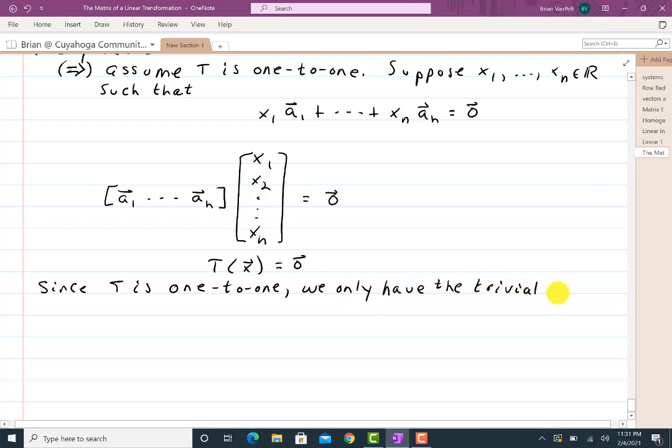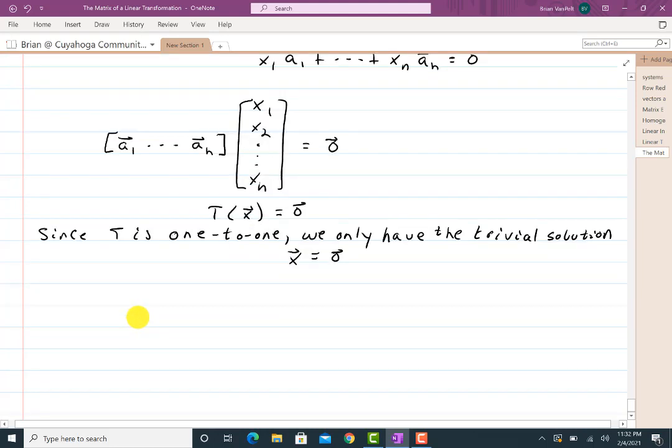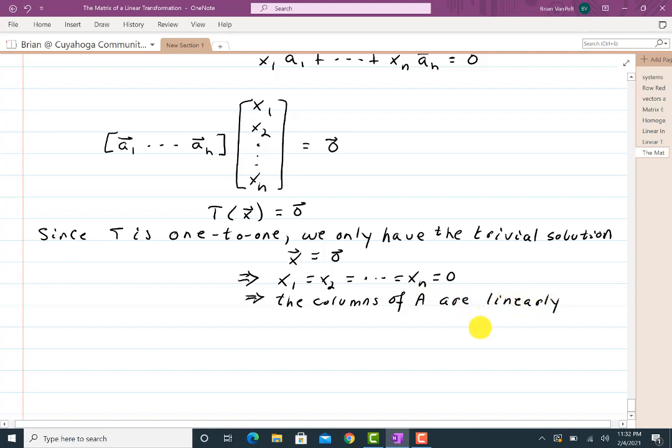That's the last theorem. Trivial solution, which was x equals 0. Well, x, of course, is that vector x1 to xn, so that means every single entry for x is equal to 0. And that, of course, implies that the columns of A are linearly independent.